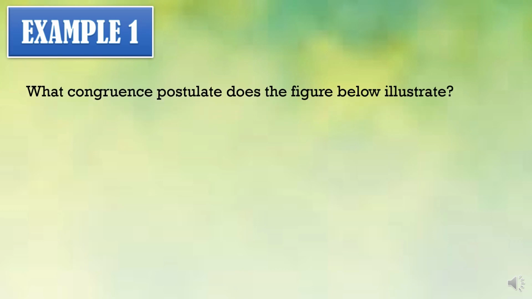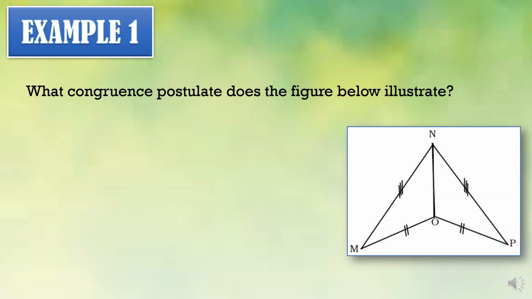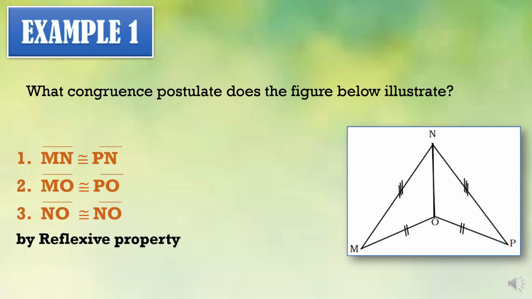Let's take example number 1. What congruence postulate does the figure below illustrate? Based on the special markings, we can say that line segment MN is congruent with the line segment PN. And then line segment MO is congruent with the line segment PO.